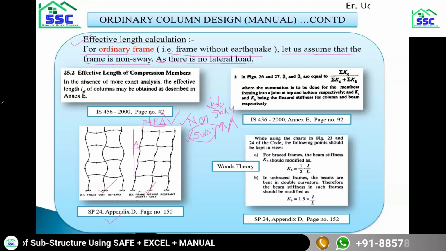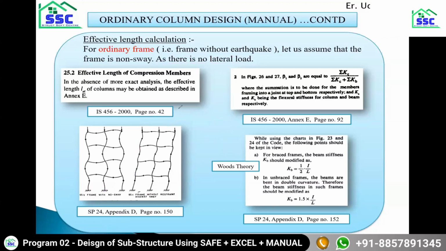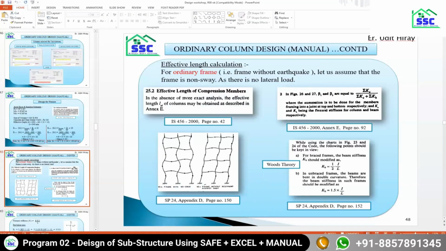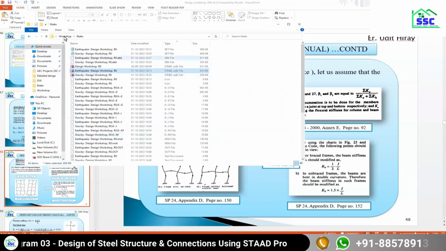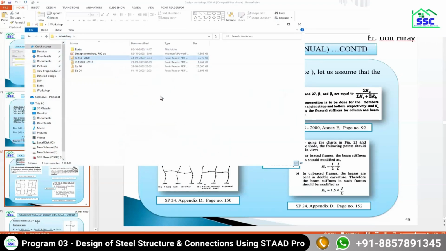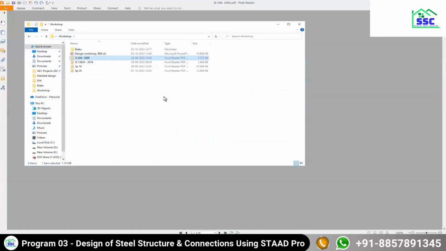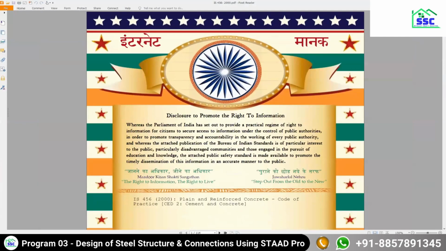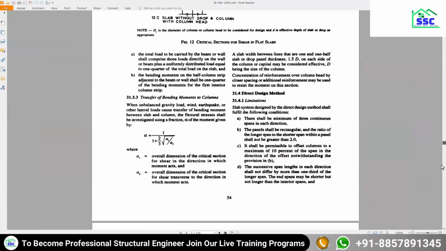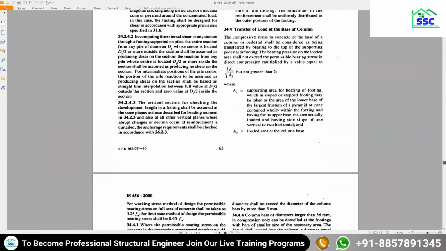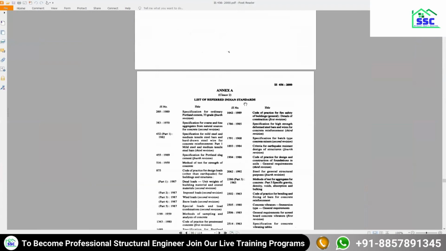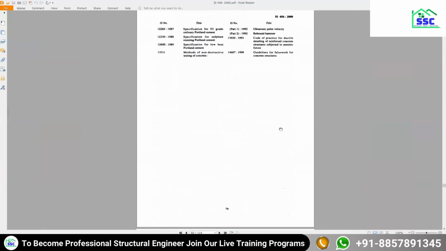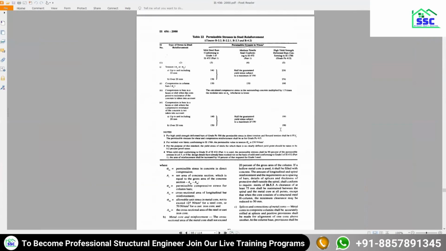The details of how to determine whether your frame is in the sway category or the non-sway category are clearly given in IS 456-2000 Annexure E. If you go to Annexure E, it gives you some calculations to classify your frame into the category of sway or non-sway.